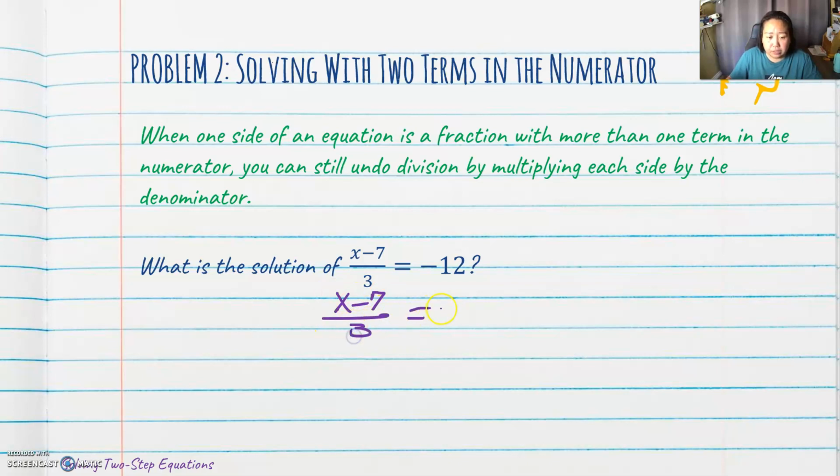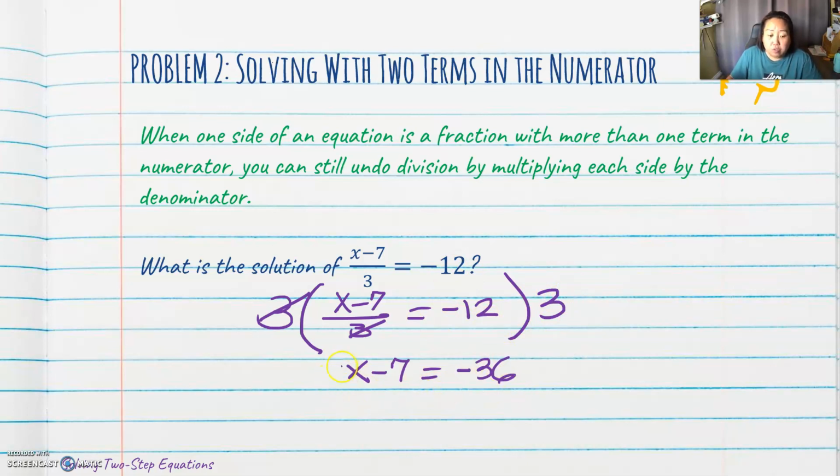So this is negative 12, and we multiply the whole thing by 3. 3 divided by 3 is 1, and so now we are just left with the numerator, which is x minus 7. On the right side, we have negative 12 times 3, which gives us negative 36.